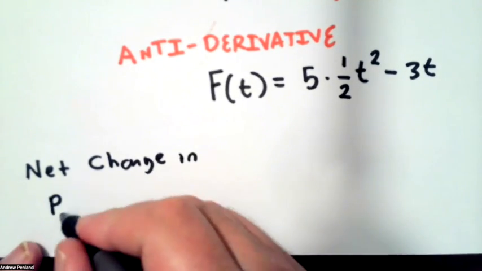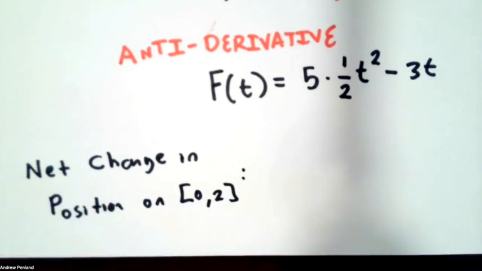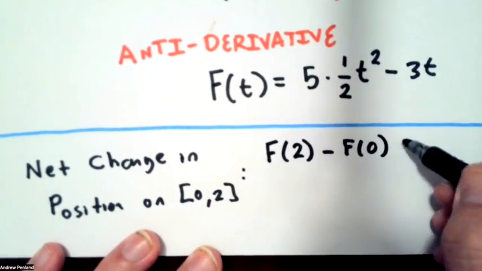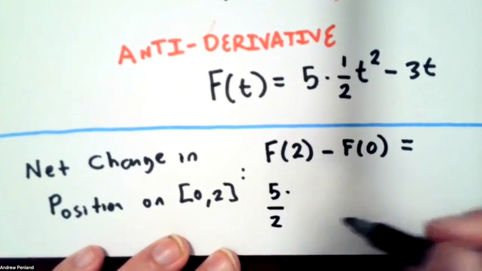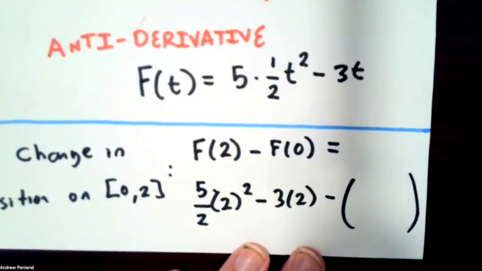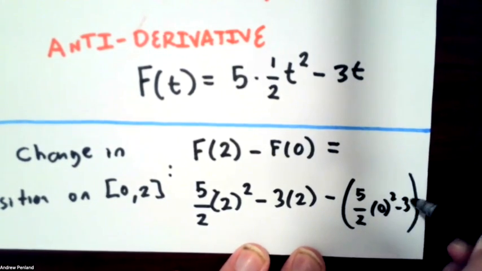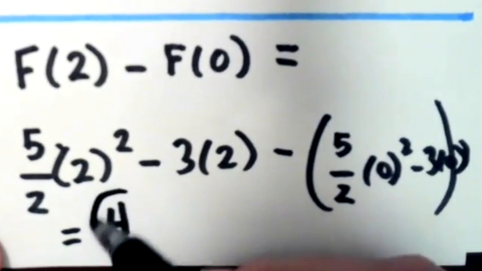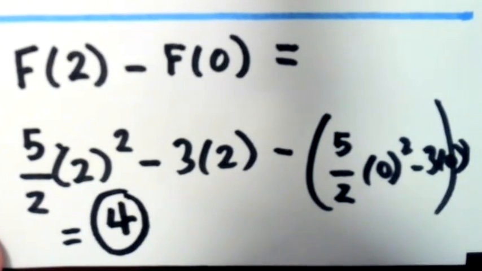So to find the net change in displacement over the interval from 0 to 2, we evaluate this antiderivative at the endpoints of the interval and subtract. This gives us big F of 2, which is 5/2 times 2 squared minus 3 times 2, minus the entire expression of 5/2 times 0 squared minus 3 times 0. When we simplify this expression completely, it is equal to 4.